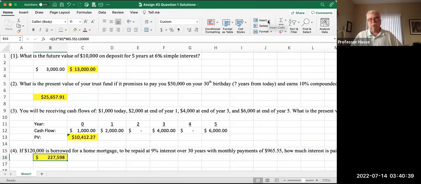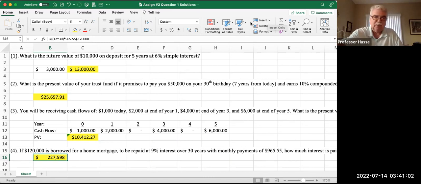The scores for assignment 2 were quite good, but some of us had just a little bit of problem with the very first question. What is the future value of $10,000 on deposit for 5 years at simple interest? Some of you compounded the interest, but it said simple interest.